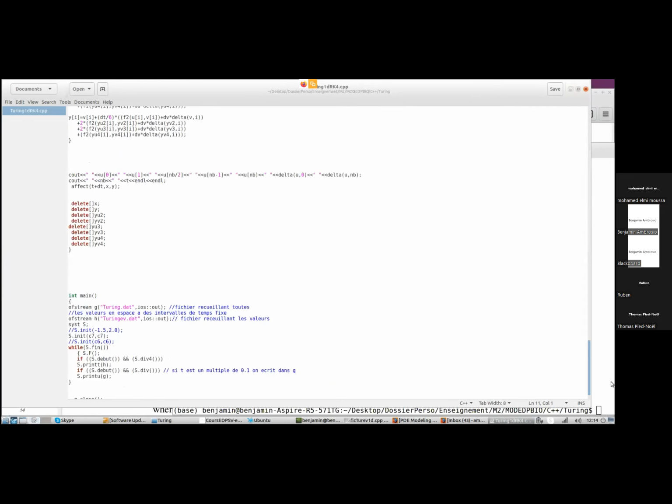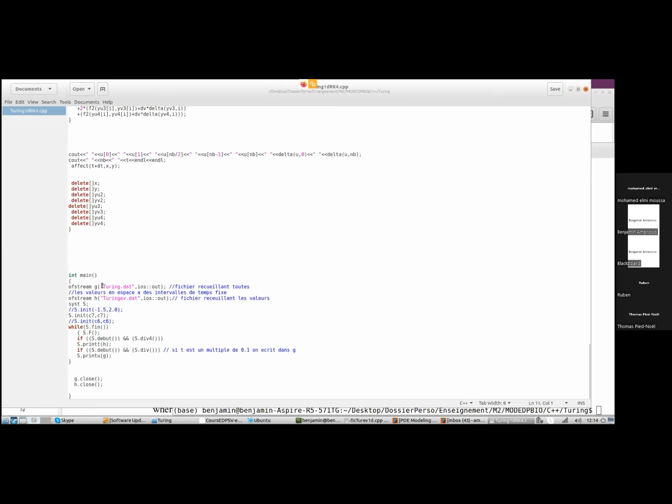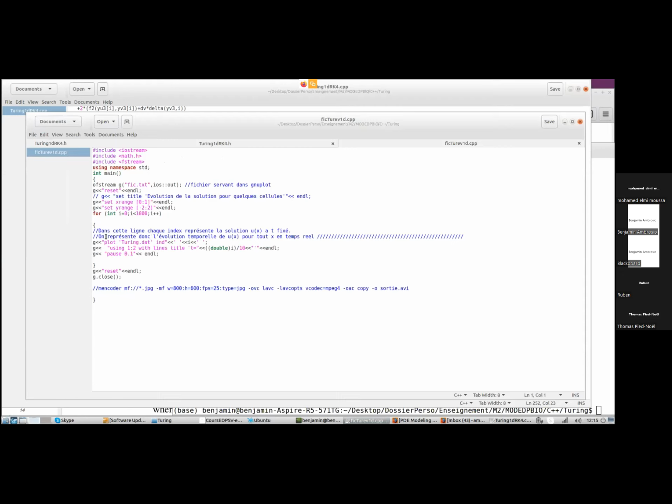When you look at this file, you can see that I'm writing to this text file, the data file. Now I'm going to run this one, and when I run this program, I will write in the file named fic.txt. So let's now run.